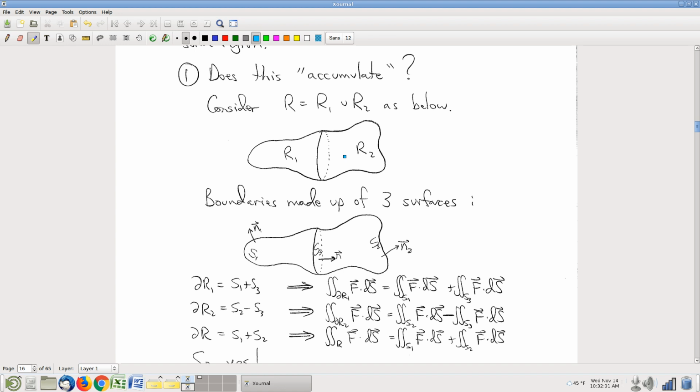And I drew one little region and then another little region next to it. And then we talked about the union of those two regions, and the circulations around the various different boundaries and whether they add up or not. It's morally kind of the same here. So on the one hand, we have this solid region here, R1.